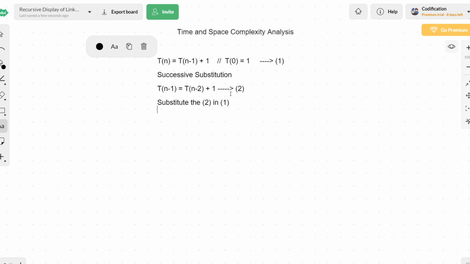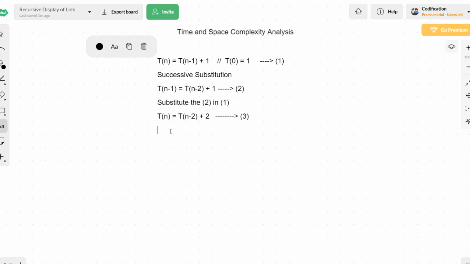When you substitute equation 2 in equation 1, the new equation is T of n is equal to, substituting the value of T of n minus 1, T of n minus 2 plus 1, and there is one more 1 in the equation. So 1 plus 1 is equal to 2. Let this new equation be equation number 3.